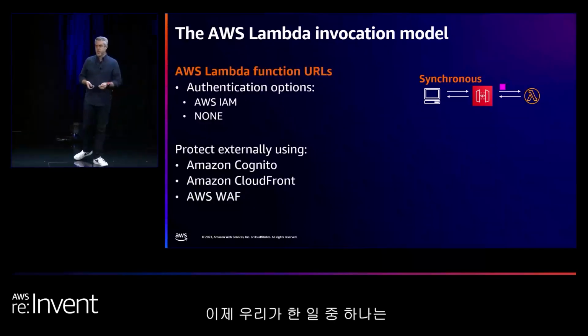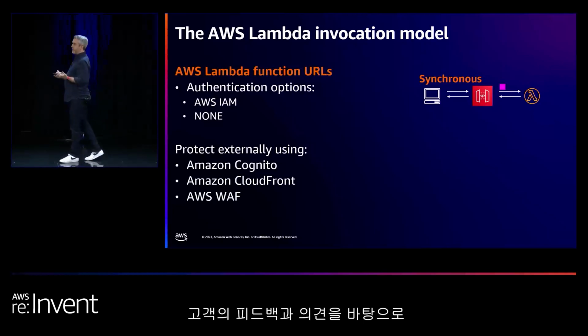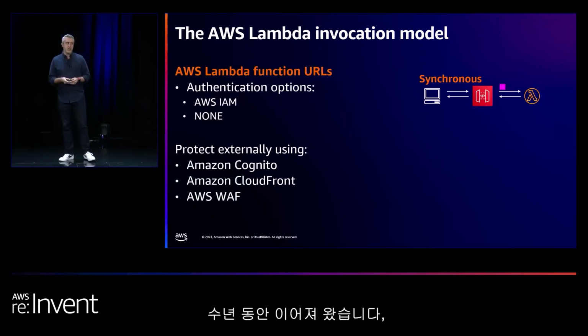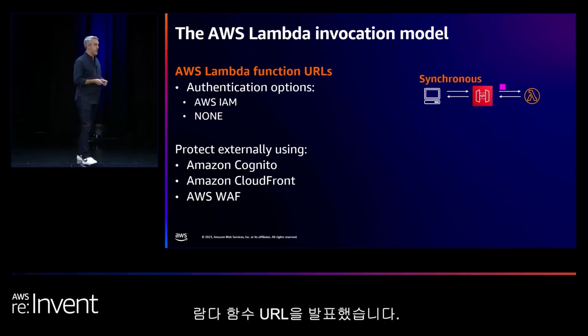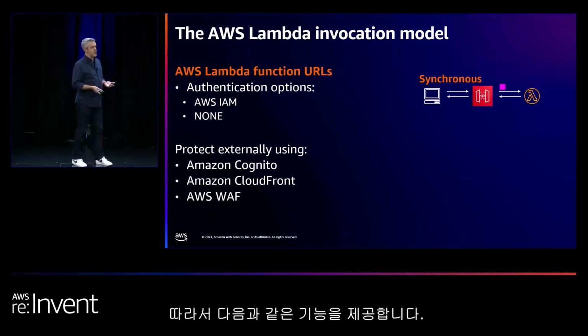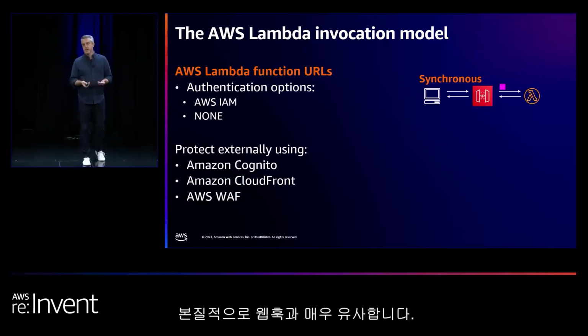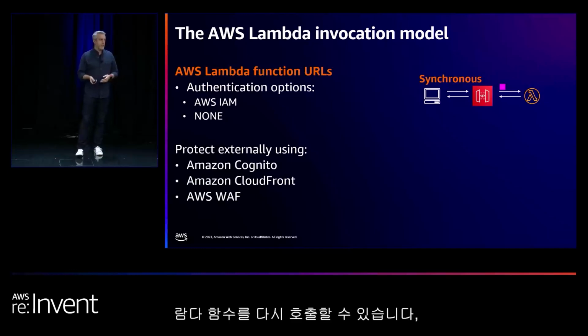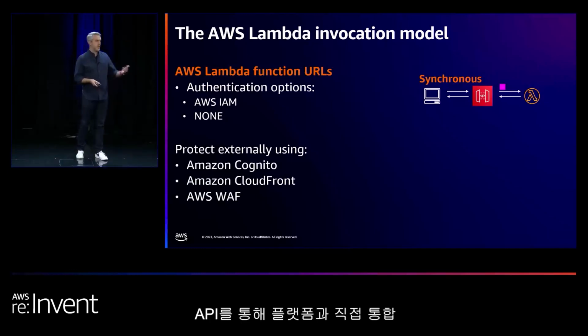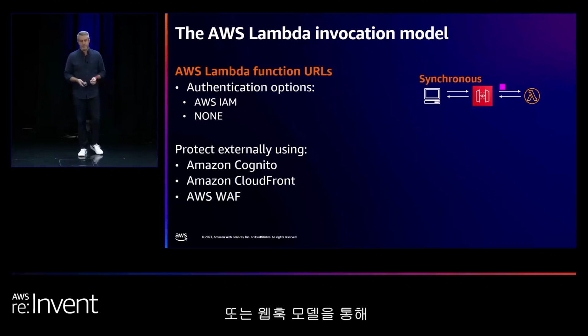Based on feedback from our customers over many years, back in April of 2022, we announced Lambda function URLs. This gives you the ability to invoke a Lambda function directly from an HTTP endpoint, essentially looking very similar to a webhook. So you've got a couple different ways now that you can invoke Lambda functions, again, integrated with the platform via its API directly or via the webhook model.